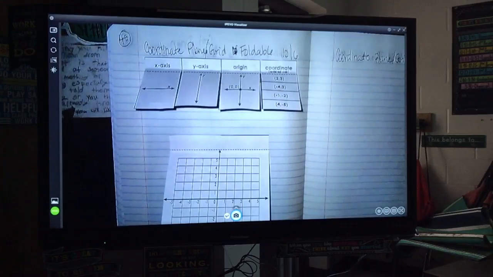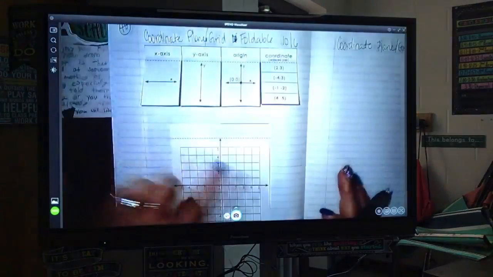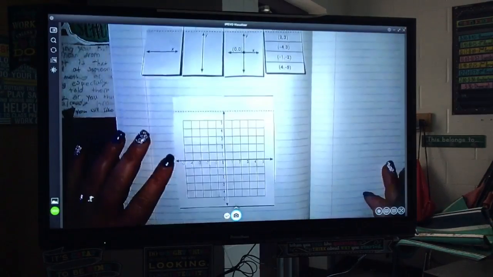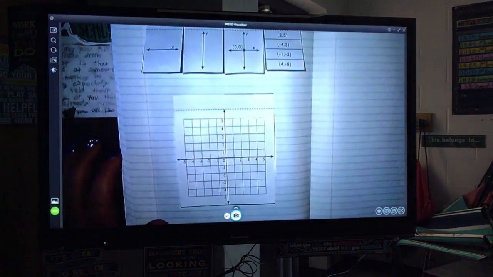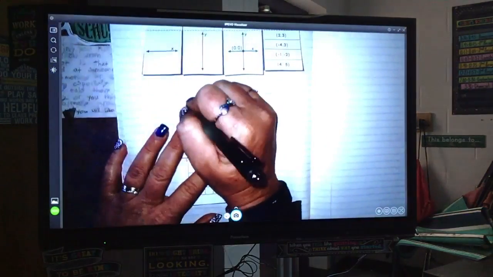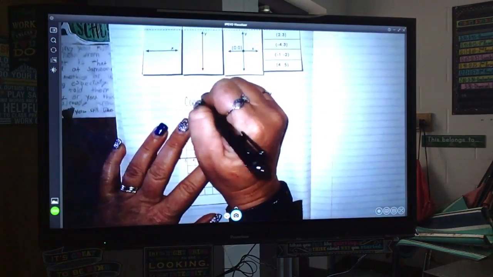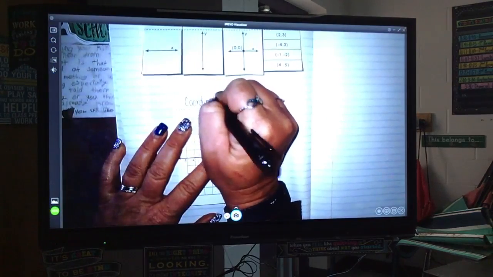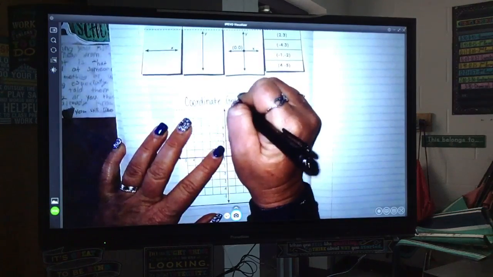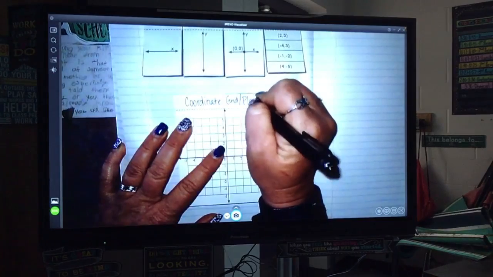Alright, so looking at the coordinate grid, we're going to start with that across the top. Across the top, I want you to write, obviously, coordinate grid / plane.